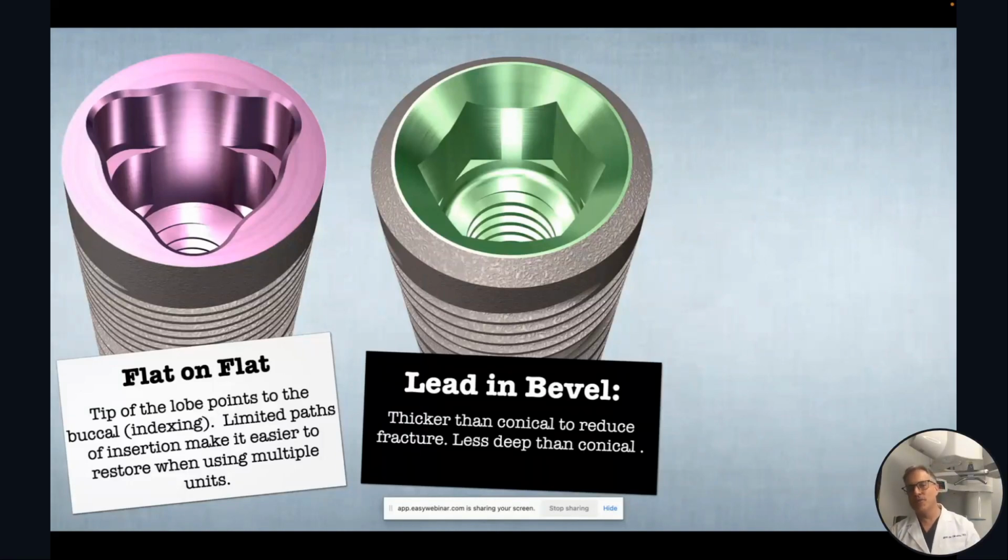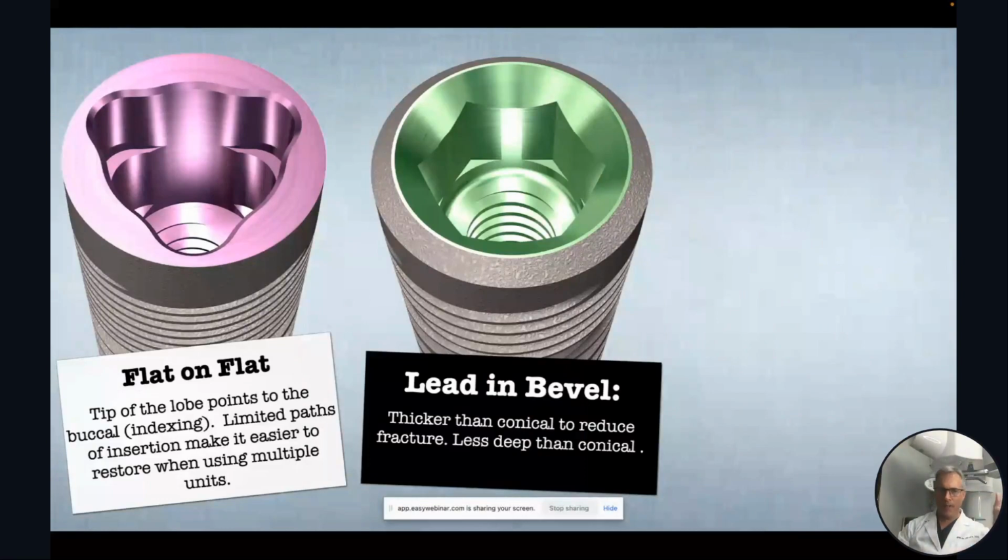So this is a tried and true design consisting of a hex. So we have basically 6 different ways for the implant to go in, and something called a Lead-in Bevel. And I'll get more into details about a Lead-in Bevel. But basically, this is a mini conical connection.